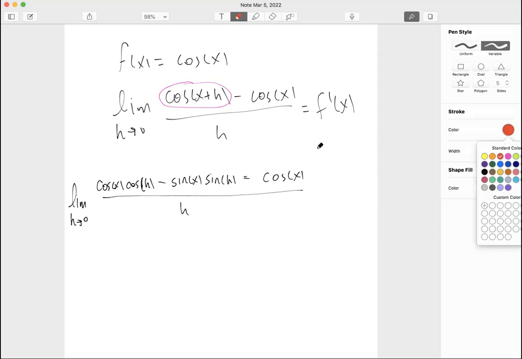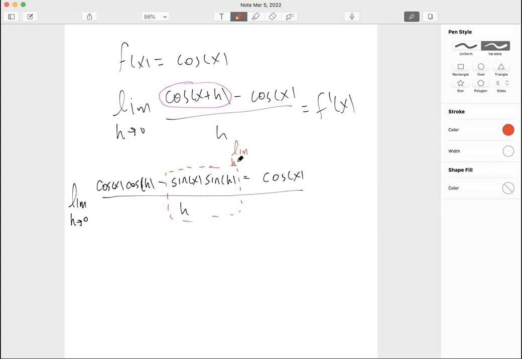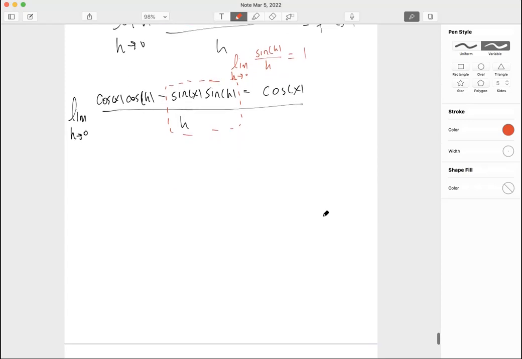So the idea and how you approach this: we see that we have a sine of h over h term, which is a nice limit that we have, right? The limit as h goes to 0 of sine of h over h is equal to 1. Right, that's using the limit that we proved.